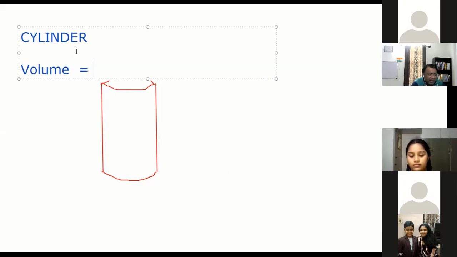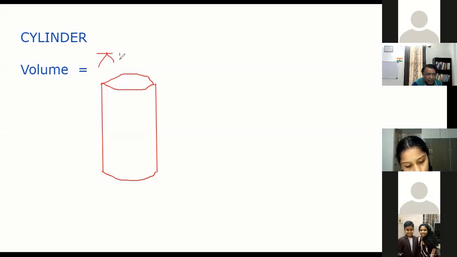I clearly know the area of one disk is pi r square, correct? How many disks am I filling? Total h disks. Pi r square plus pi r square plus pi r square, h times, right? So pi r square h becomes your volume.